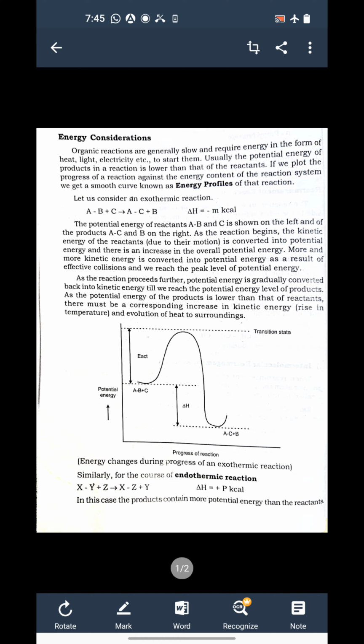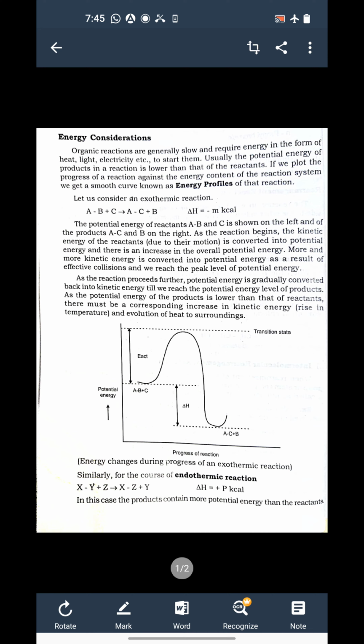On the right side of the curve, you can see that the product is formed, that is AC, and B gets released. On this product side the potential energy is very low, which means the kinetic energy is high, and whenever kinetic energy is high, it leads to a rise in temperature.